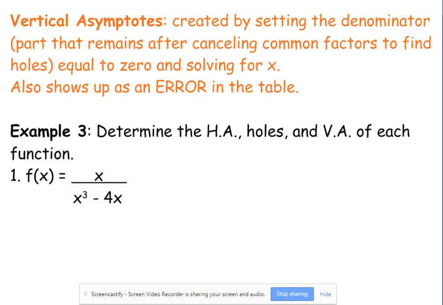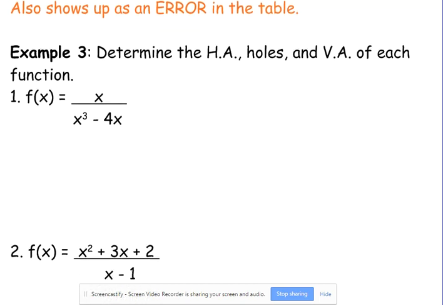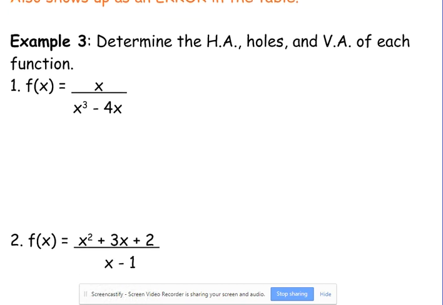Okay, so let's look at this example. x over x cubed minus 4x. What's our horizontal asymptote? y equals 0. The degree of the denominator is bigger than the degree of the numerator, so it's y equals 0. All right, so next step, we need to factor if possible.